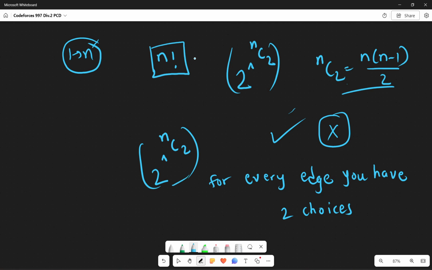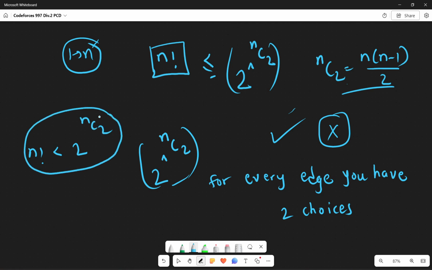And you will notice that n factorial is always greater than or equal to that, not equal. Equality only holds for maybe some small values, but it is generally bigger. So for most cases, n factorial is greater than 2 to the power of nC2.